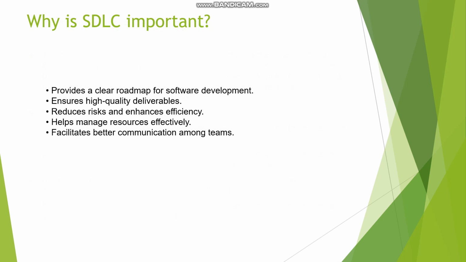It provides a clear roadmap for software development, ensures high quality deliverables, reduces risks and enhances efficiency, helps manage resources effectively, and facilitates better communication among teams. So these are the different phases, and this is why the SDLC is very important in the IT software field.